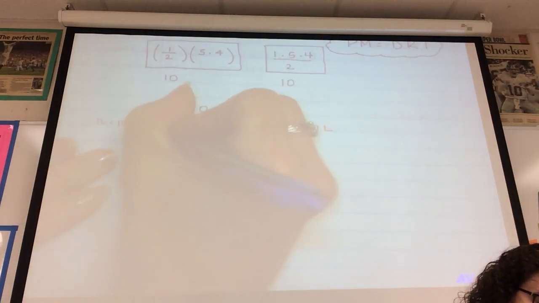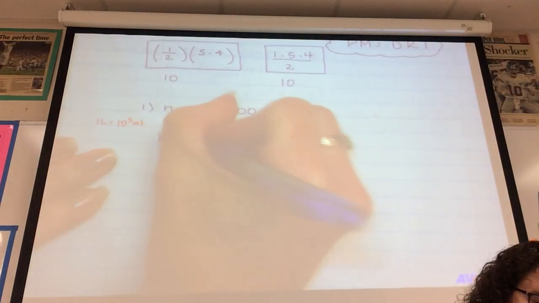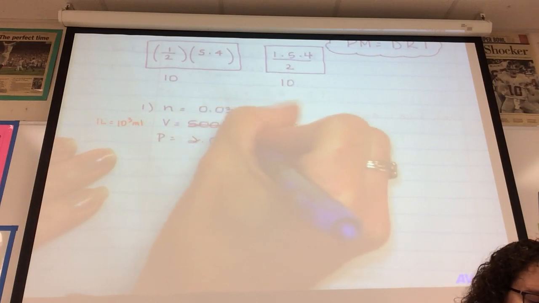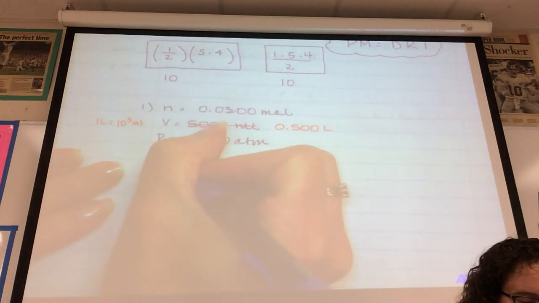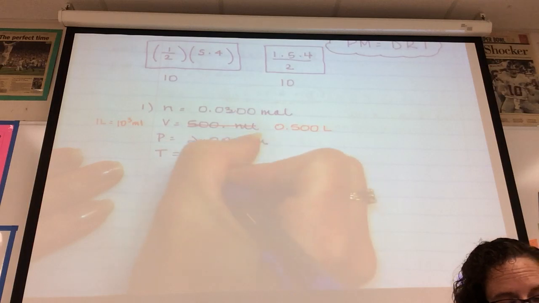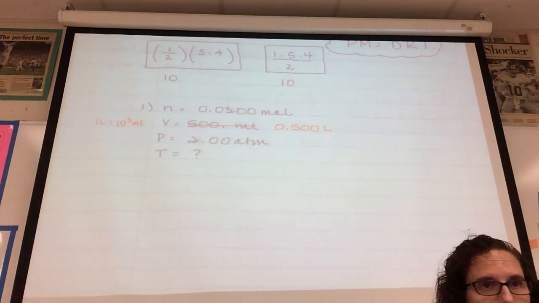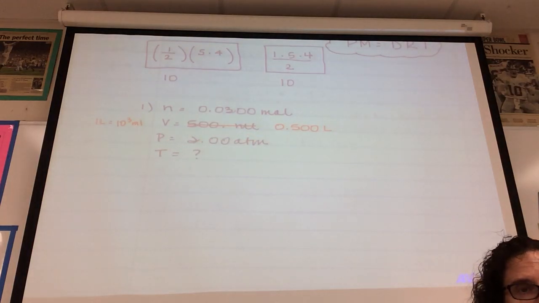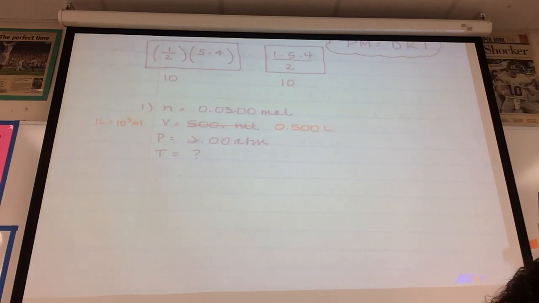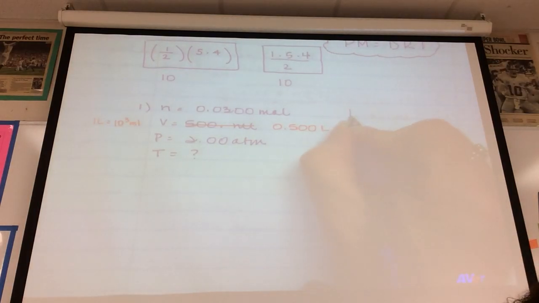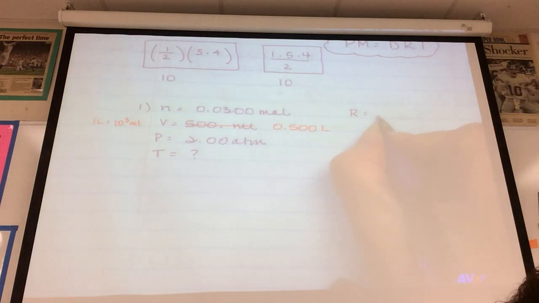We've got a pressure of 2 atmospheres, and we want to know the temperature, and they didn't ask for a specific unit. It's going to pop out in Kelvin. Leave it that way. Which R should we use? The one with ATM in it.